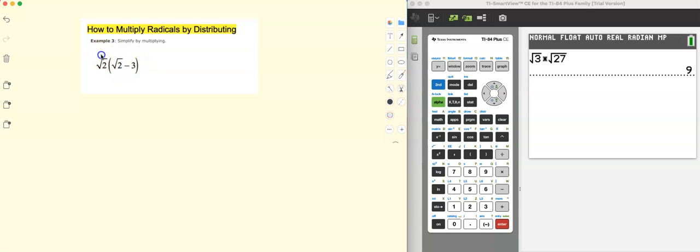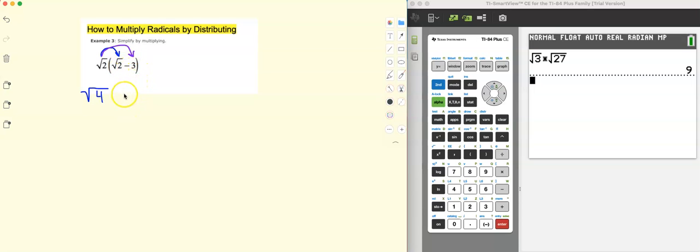So that means if I distribute that, I have to multiply the square root of 2 by the square root of 2. Well, when I multiply the square root of 2 by the square root of 2, I should get the square root of 4. Now I also have to multiply the square root of 2 times -3.